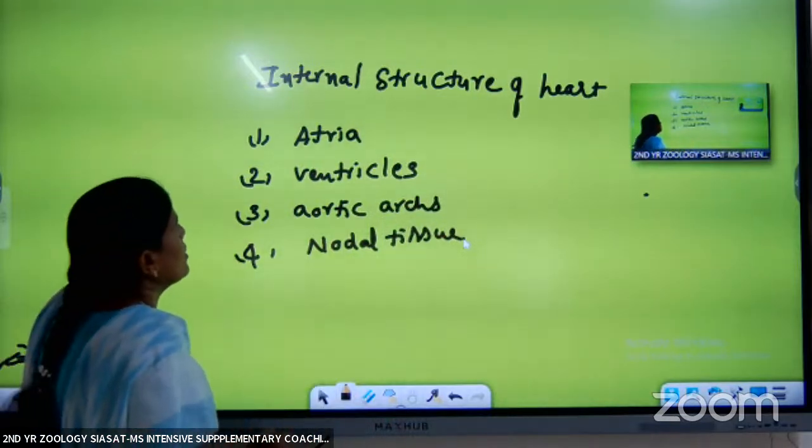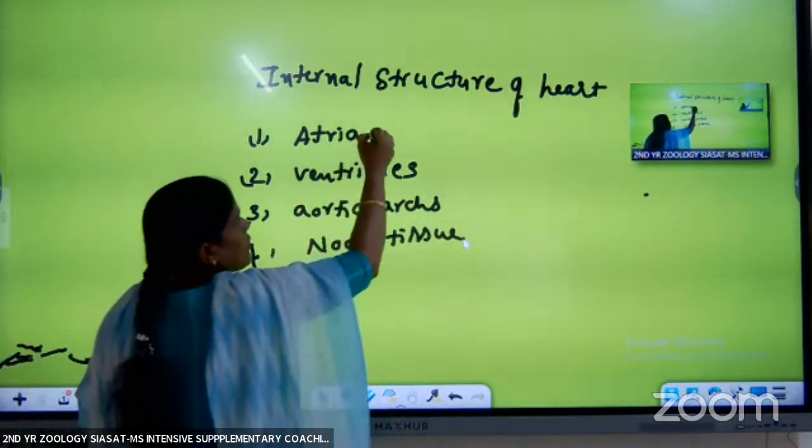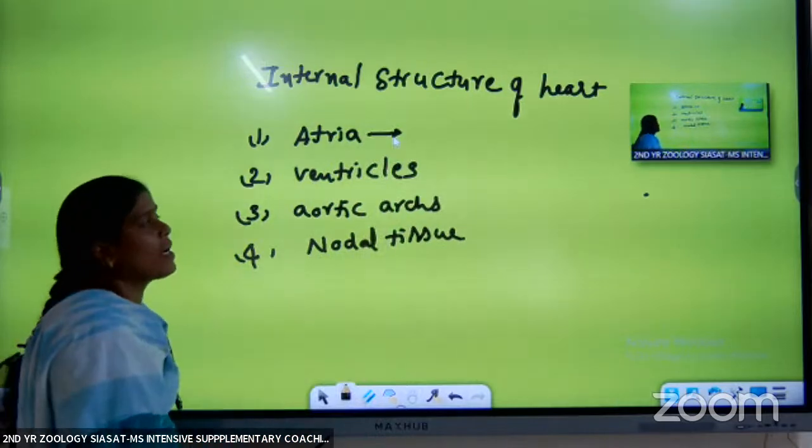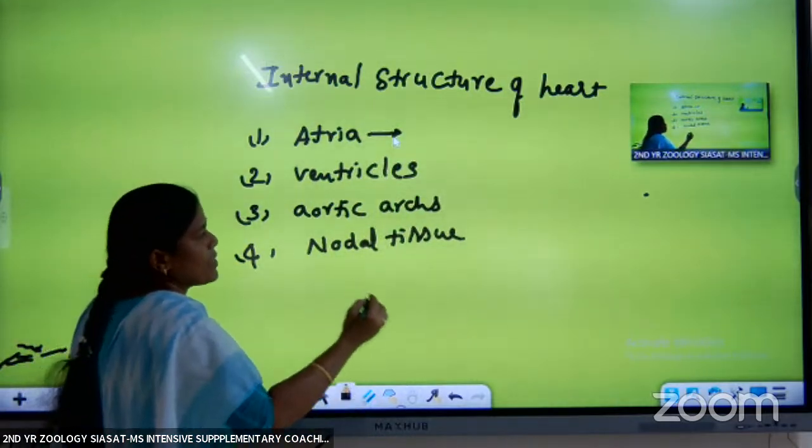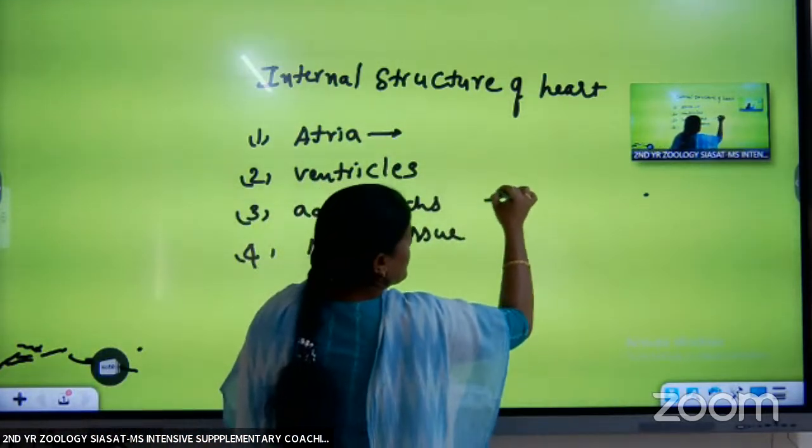Here the first, the upper chambers, are called the atria. They are the receiving chambers. Here, I'm trying to draw the diagram. See this one.